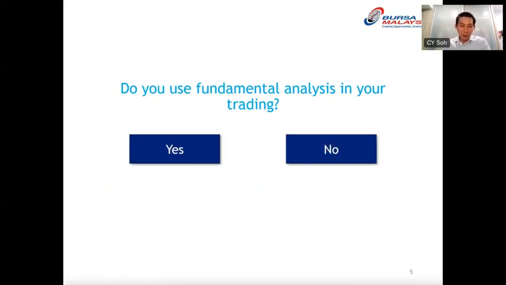Now, before we begin, let's take a quick poll. How many of you here currently use fundamental analysis in your trading? If you're using fundamental analysis in your trading, you can type in yes in the chat box. If you are a completely technical trader, you don't look at fundamental factors at all, you just type in no in the chat box.